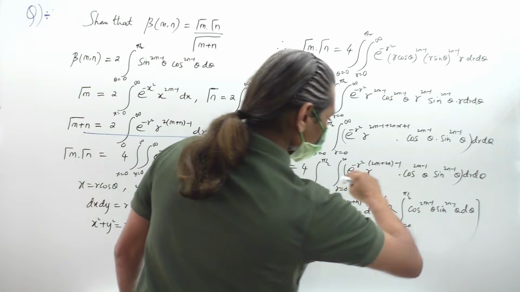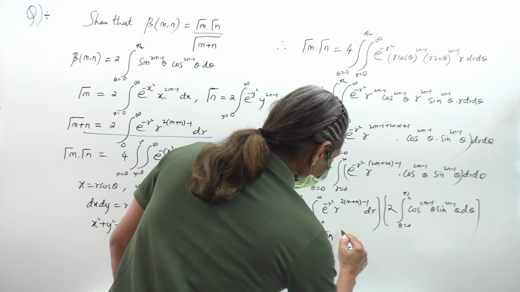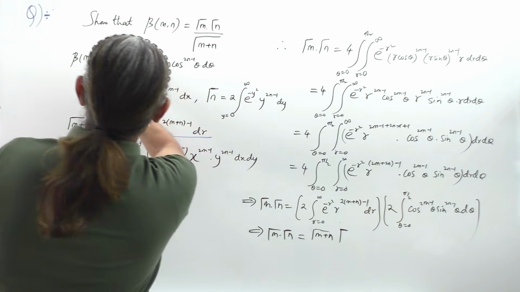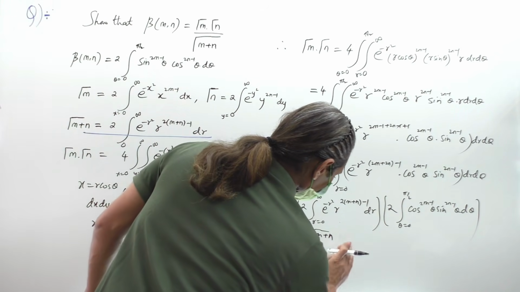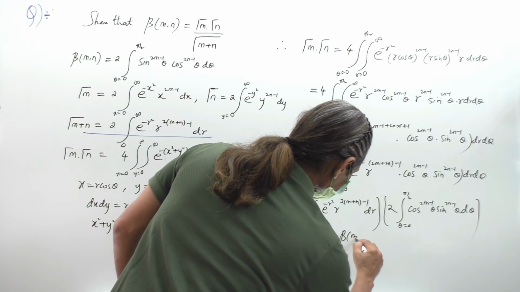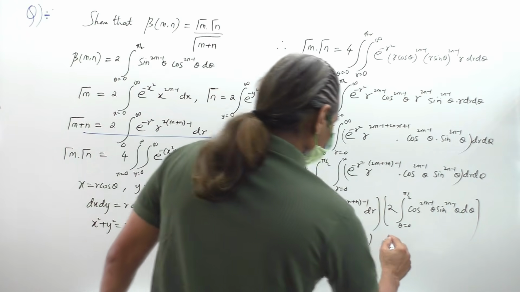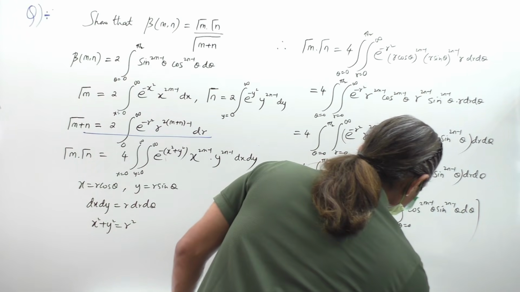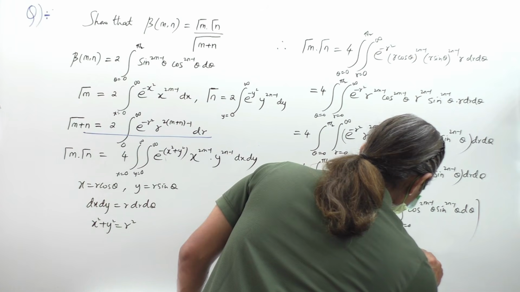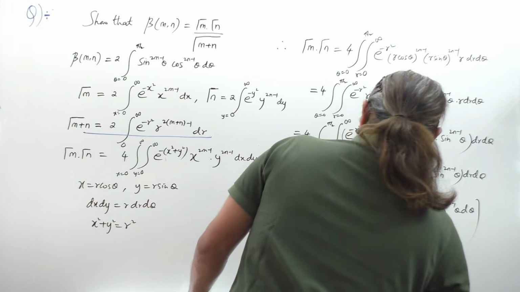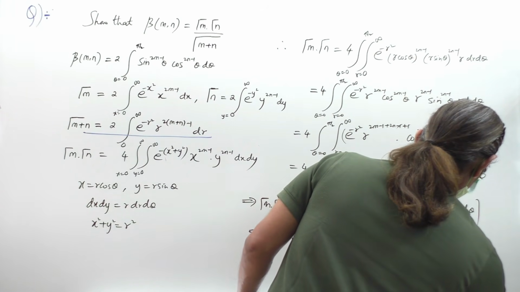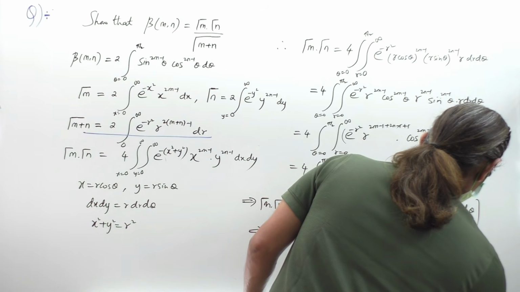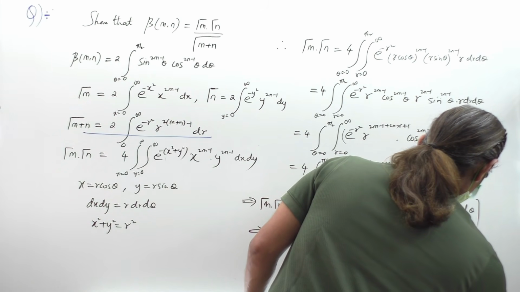Even if I take this n, nothing matters. This is nothing but beta m comma n. Therefore, from this, beta m comma n is equal to gamma m into gamma n upon gamma m plus n.